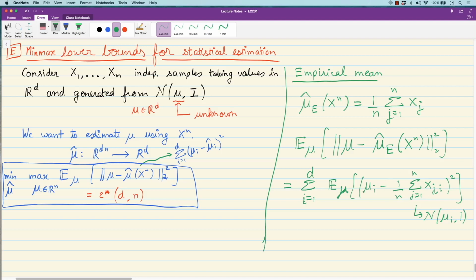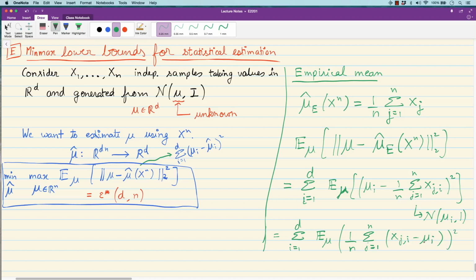So this sample mean can be written as the expected value over mu of 1 by n summation j equal to 1 to n of x_j^i minus mu_i, whole square.